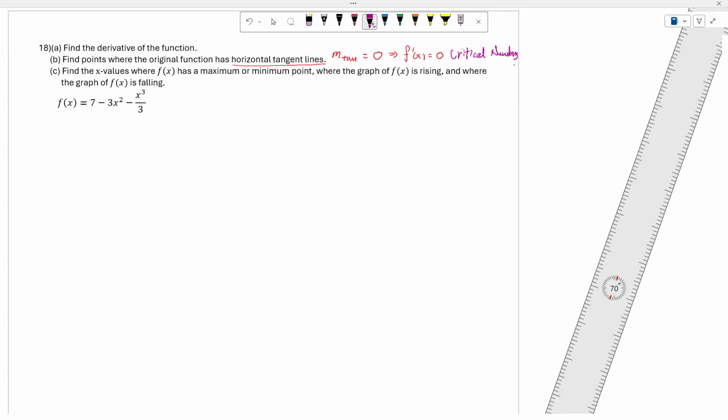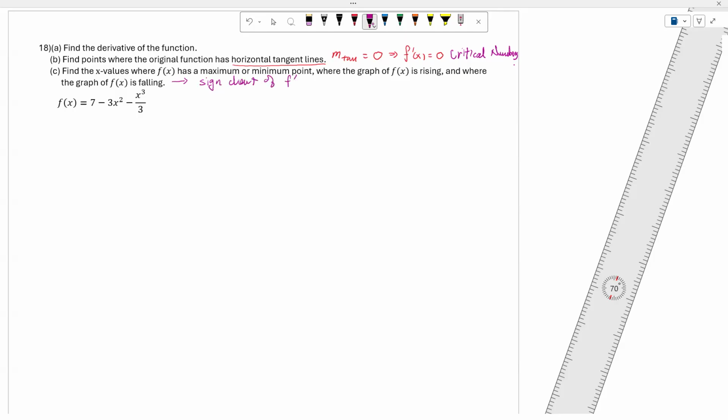So I would like to find the x value where f of x has a maximum or minimum point, and where the graph of f is increasing or decreasing. So in this case, I would like to work with the sign chart of f prime now, right?